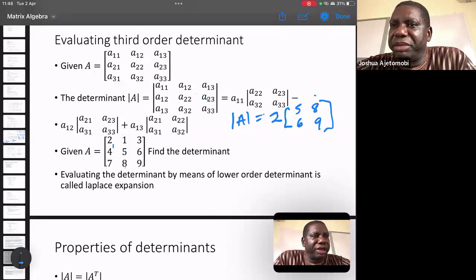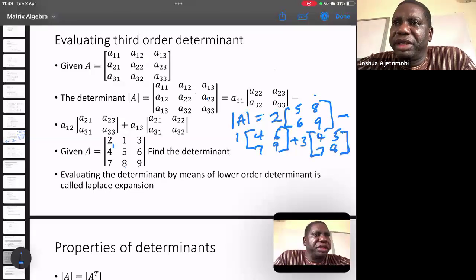So that's how we get that minus. Don't forget this is 1, 1 into, remove the row and the column, we are left with 4, 6, 7, 9. Then the last one, that's positive 3, so plus 3, we are left with 4, 5, 7, 8.